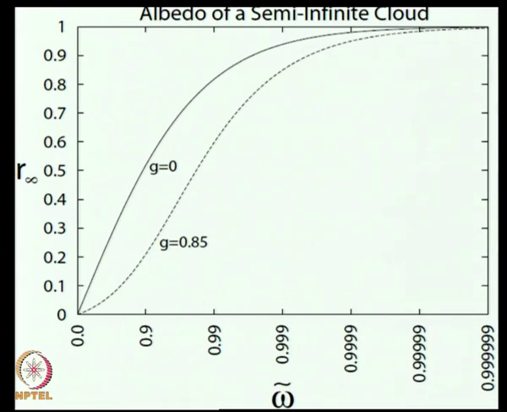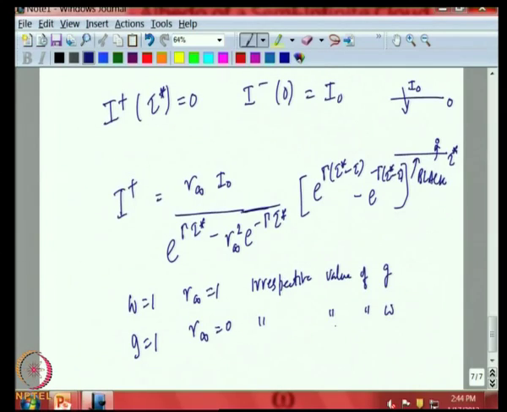Let me just write one expression here. R infinity here is very important, because this is nothing but I plus of 0 by I minus of 0. That is the albedo of the scattering layer. So, that is why we are looking at that expression.